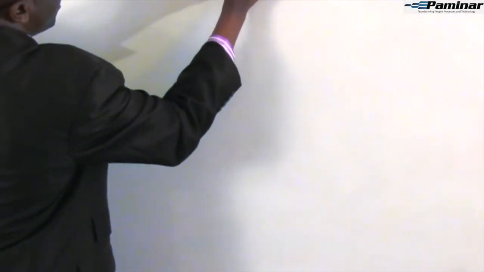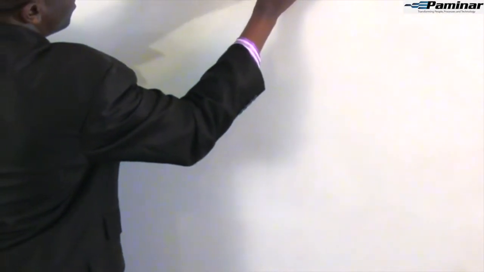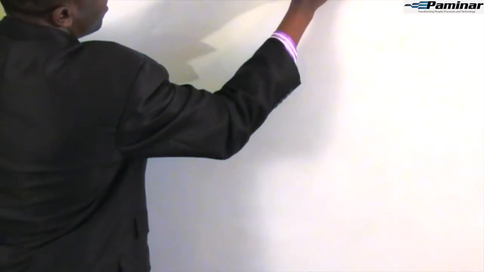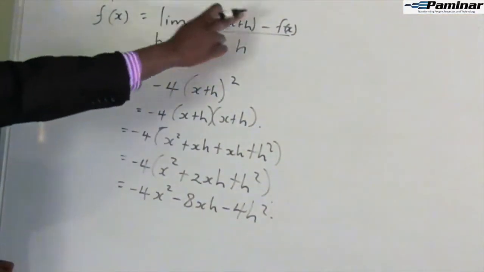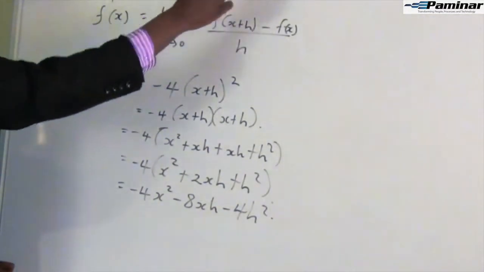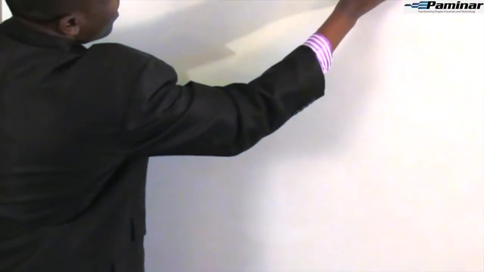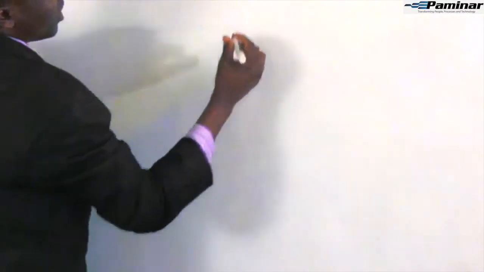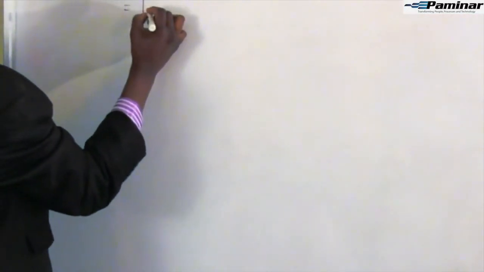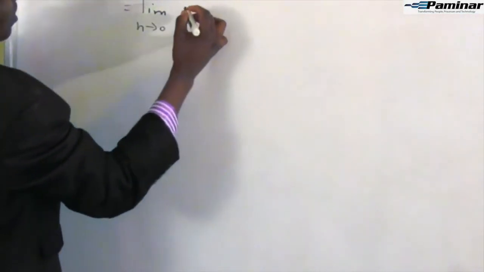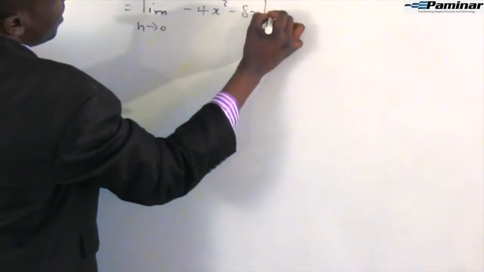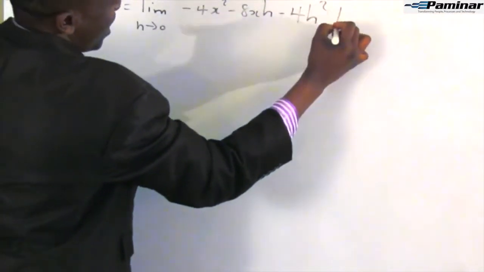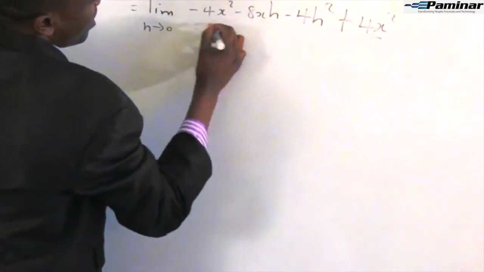Minus 4x squared minus 8xh minus 4h squared plus 4x squared, all over h. So it's minus 4x squared minus 8xh minus 4h squared plus 4x squared all over h.